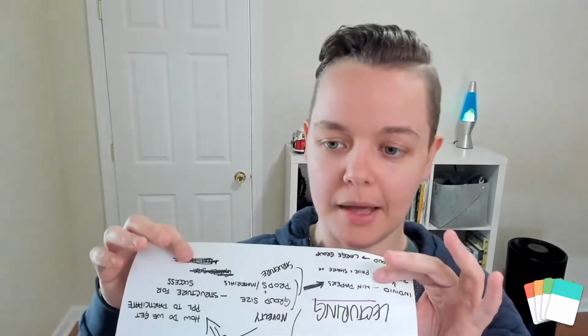Another way you can do it, which is to use paper in a novel way, is let's say you want to get a bunch of responses to that same prompt, but you don't want students to have to say them out loud. Have them write it down on a piece of paper, crumple up that piece of paper into what I call a snowball, and have them throw it at the board, right?